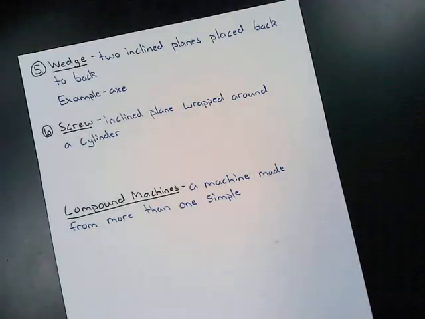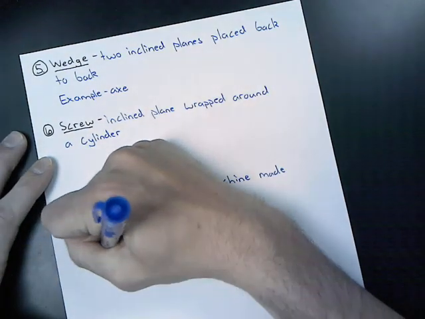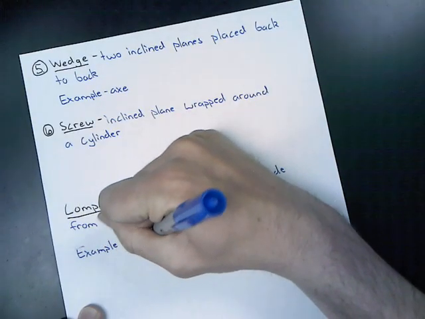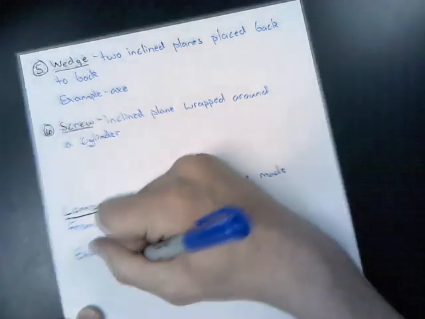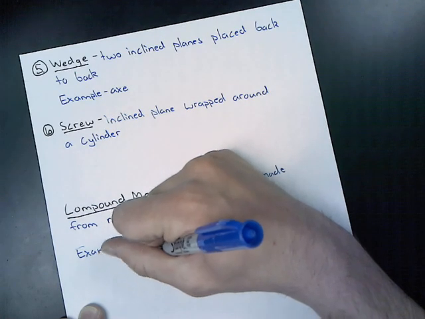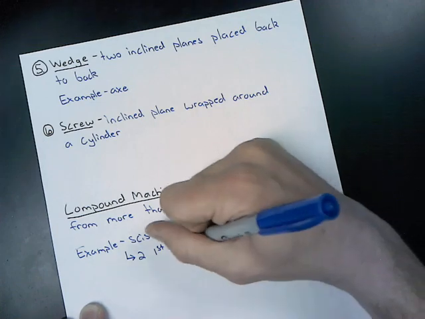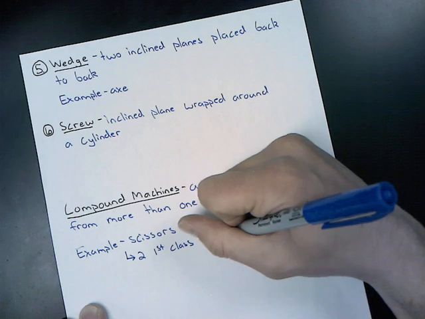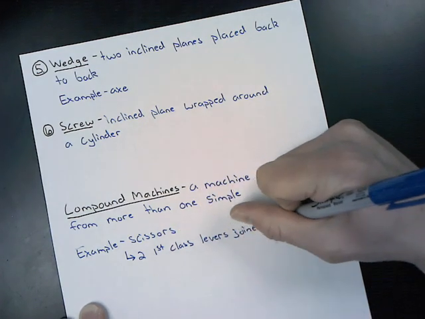So scissors here, our example is going to be a pair of scissors. And scissors, why they are considered a compound machine. One, they have two first class levers joined at a fulcrum, a common fulcrum.